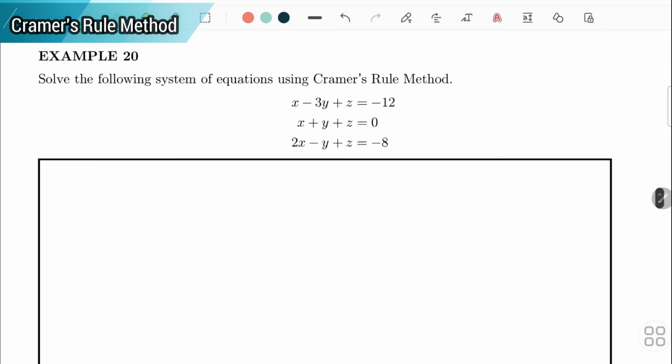So we're going to discuss the last example for this topic, which is example 20. Solve the following system of equations using Cramer's rule method.